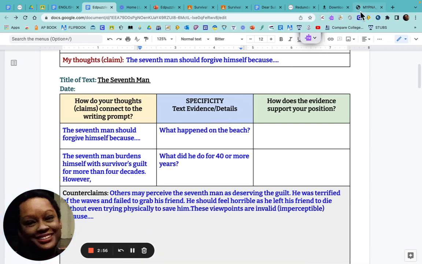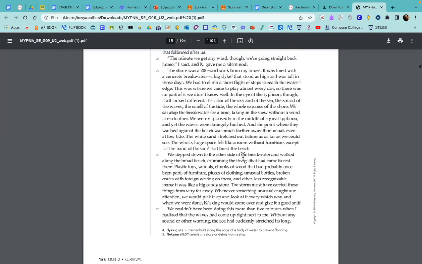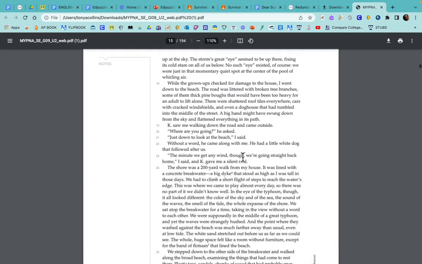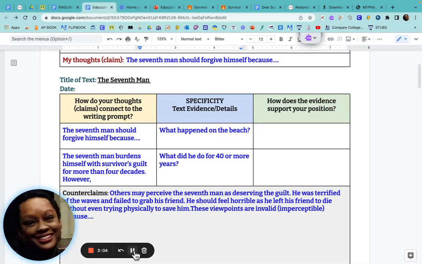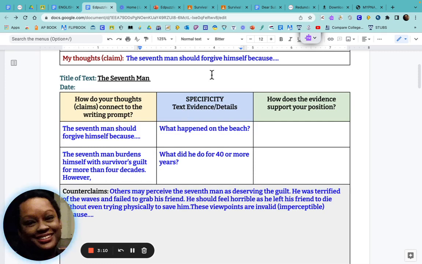What happened on the beach starts on page 136, so you need to go back to your notes and look at what you wrote on page 136. If you were one of my kids who took digital notes, we spoke about what happened on that beach that day, so you need to go back to your notes.